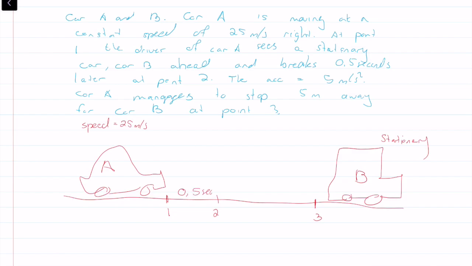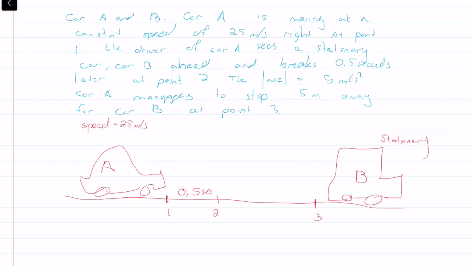Seconds later, at point 2, sorry, my handwriting is atrocious, the acceleration is equal to 5 meters per second squared. So the magnitude of the acceleration, okay, so the car, obviously, to stop before car B needs to be accelerating in the opposite direction.